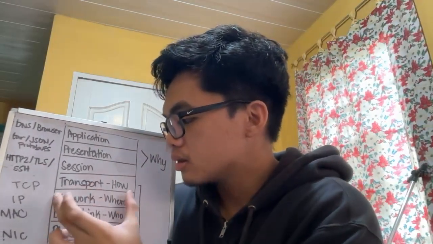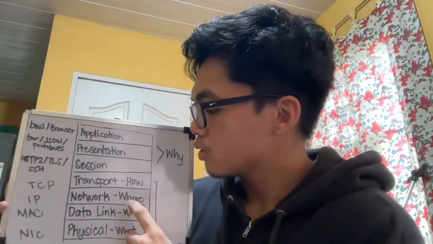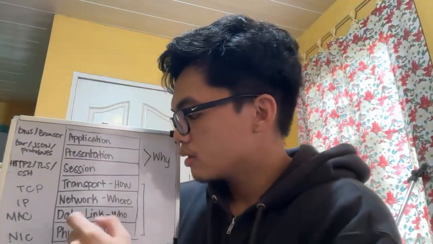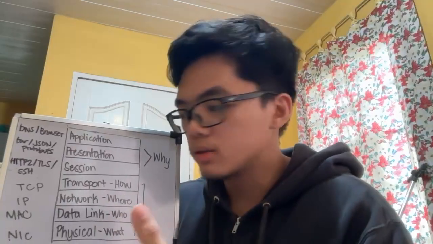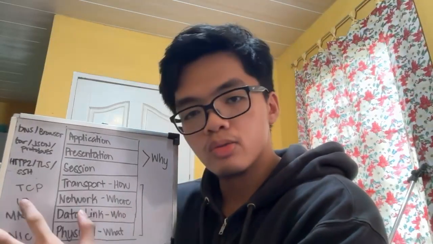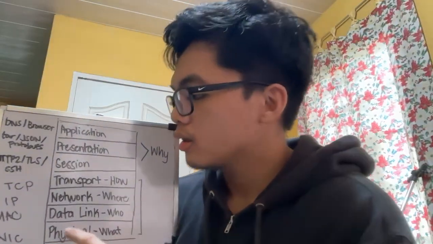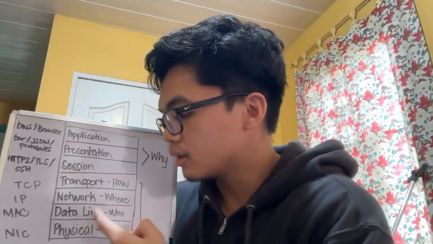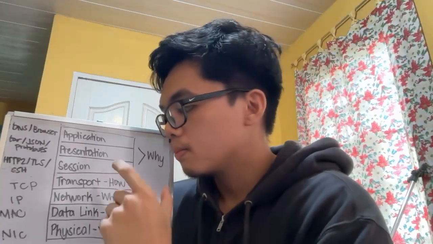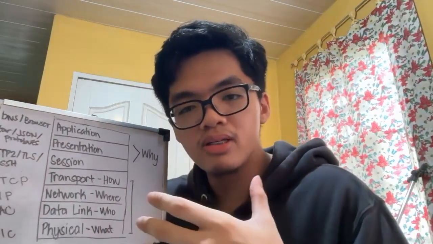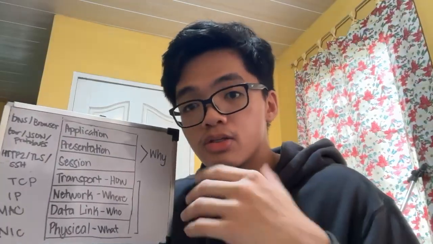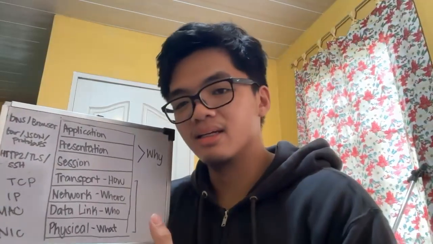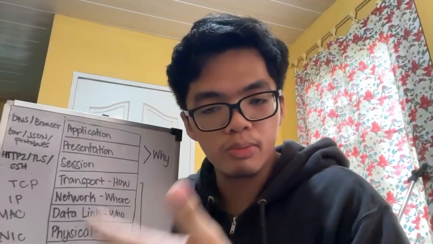The next, the network layer, where? Where is the data going to? This deals with IP addresses, Internet Protocol. Now this is similar to the data link layer, but the difference is the scope of it and the fact that it's logical, so it's pure software.